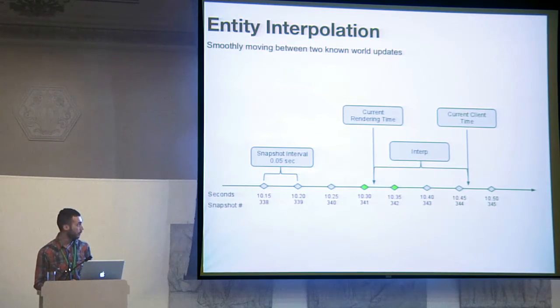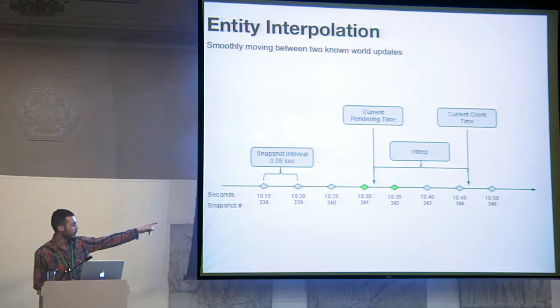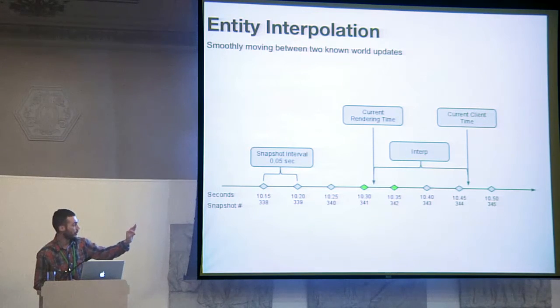The current time on the client side is shown over here. So we can say that the current time is about 10.46 seconds. Now we render the world at 10.32 seconds. Those triangles represent world snapshots that we've received from the server.